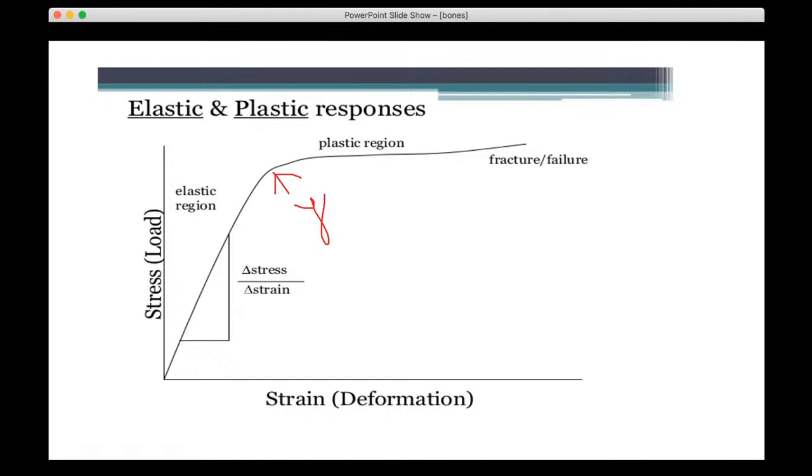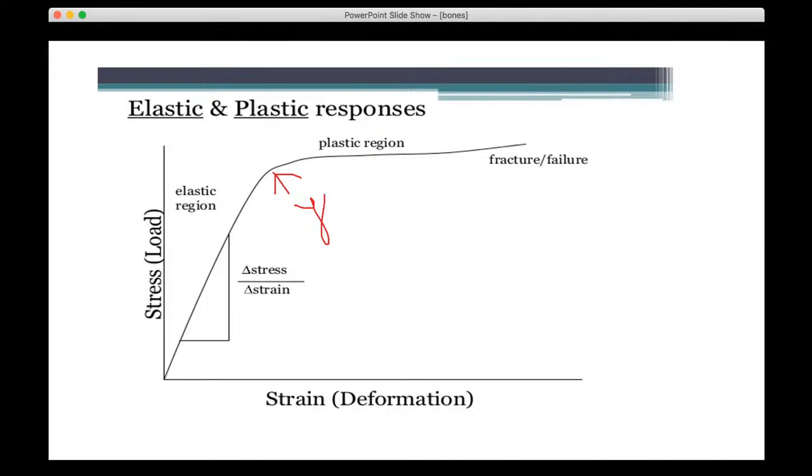So in this curve, up to this Y point which I have marked, you can see the curve is almost straight. So this region is known as the elastic region. What is the meaning of this? The meaning is that if you have applied stress within this limit, within the elastic limit, then the bone can go back to its original position.